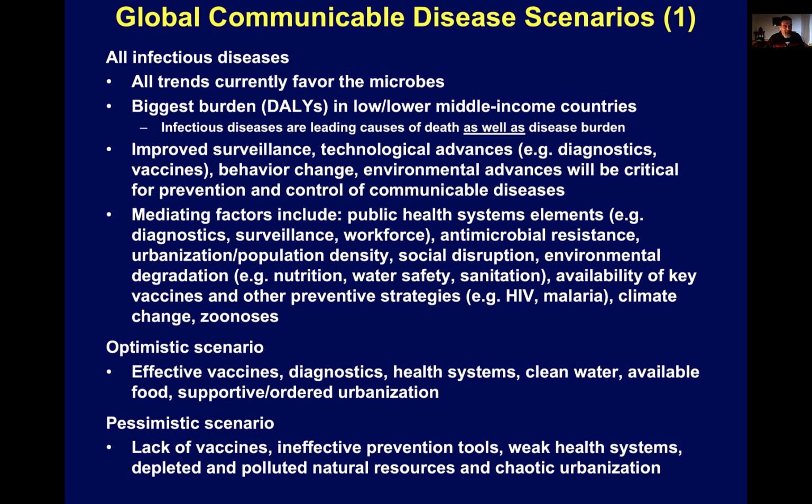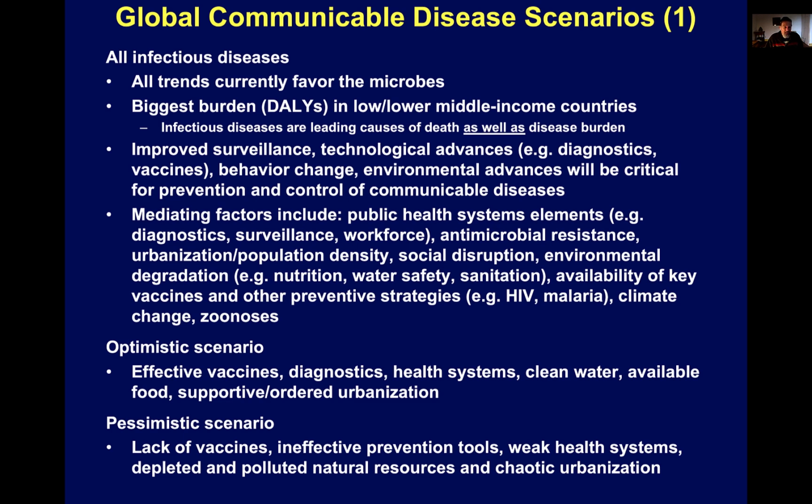But the mediating factors that might influence the trajectories here include the public health systems, how good our diagnostics are, the extent to which antimicrobial resistance continues to grow, things like urbanization and population density, the extent to which we degrade the environment and ecosystems, what kinds of vaccines and other preventive strategies might become available, and climate change and also zoonoses.